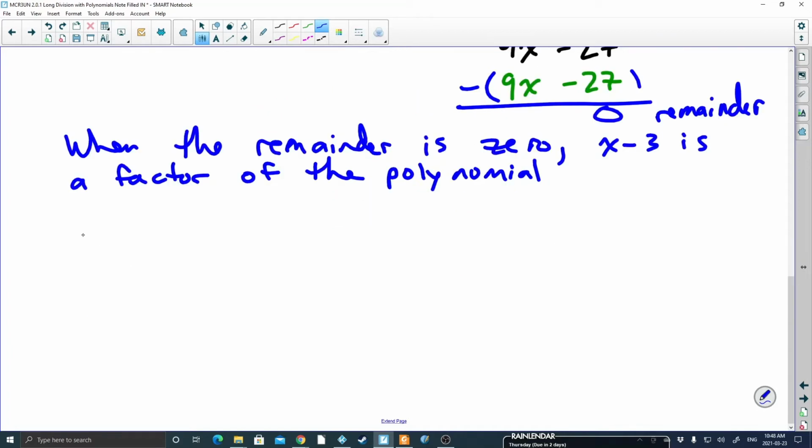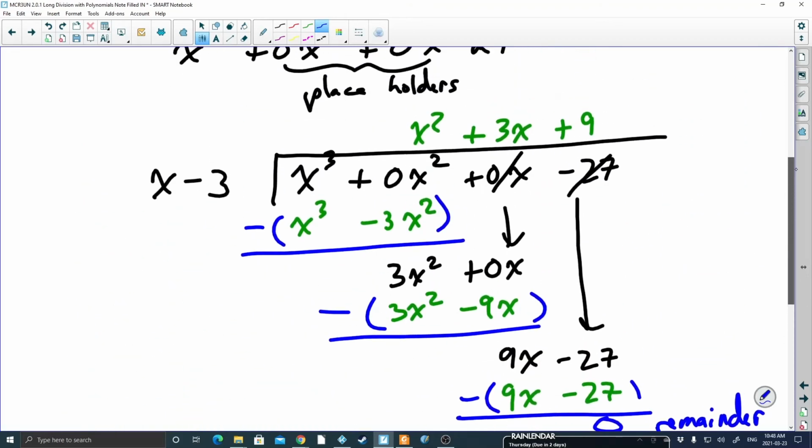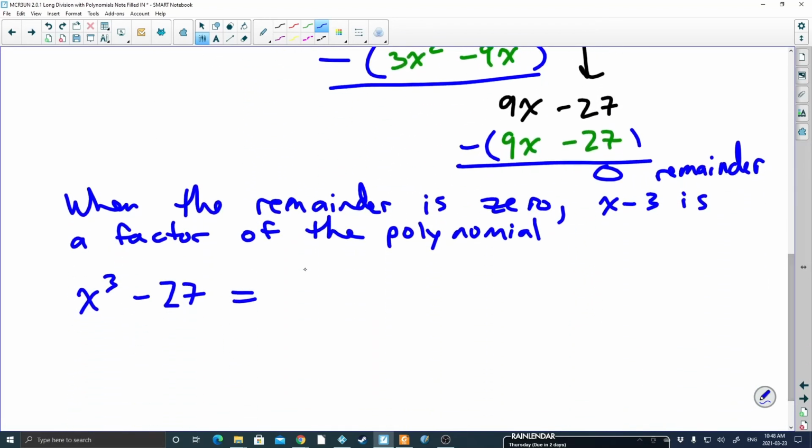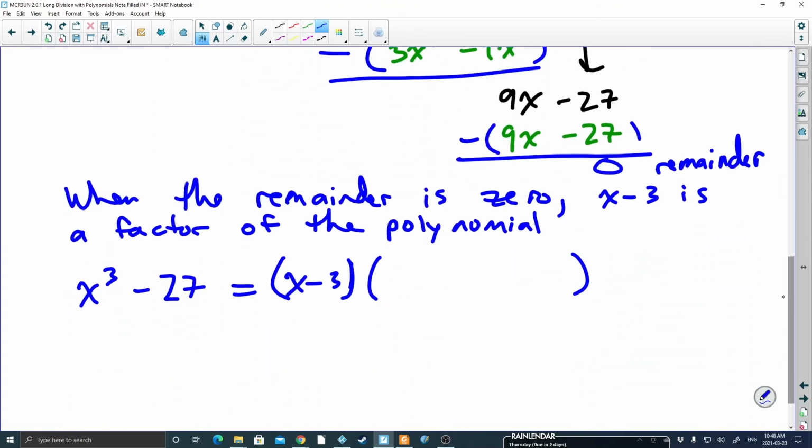And that means we can rewrite x cubed minus 27 as our quotient times our divisor. So x minus 3 was our divisor times the quotient we got, which was x squared plus 3x plus 9.